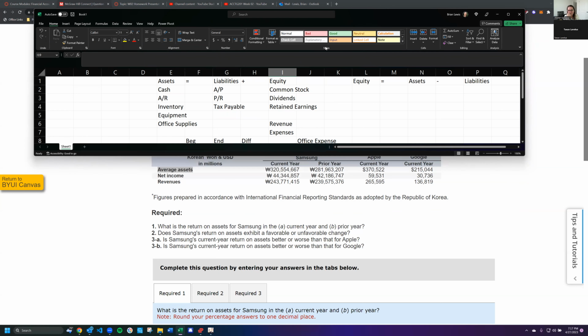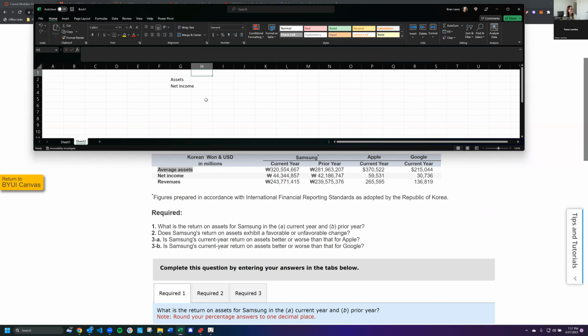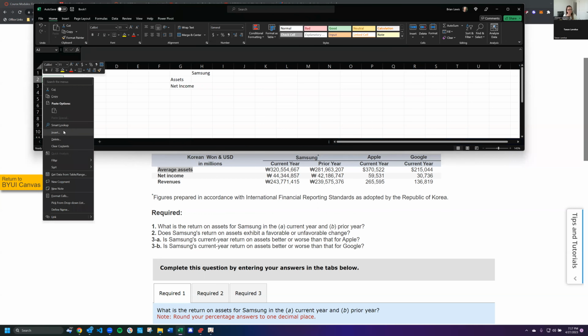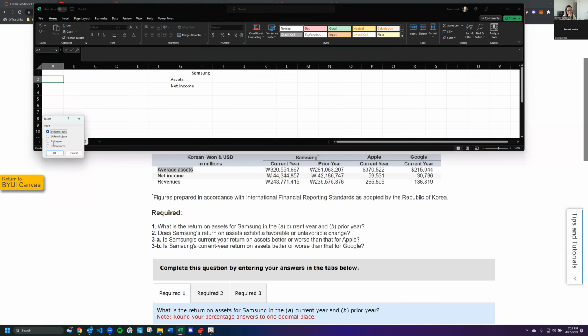They talk about trick questions, and this one was one of those. If I just put these values in here, let me make this a little bigger. You have your assets and you have your net income, right? Those are the only two real issues. Let's do Samsung, current and prior.